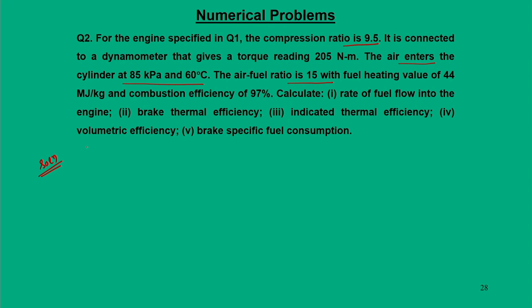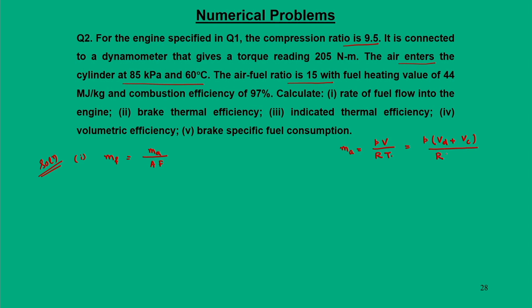The first term that we are going to calculate is the rate of fuel flow. To do that, let us see the air fuel ratio, which is defined by m dot F equal to m dot A divided by the air fuel ratio. Now, here we do not know m dot A. To calculate m dot A, we recall the ideal gas equation, that is P V by R T, where V is the displacement volume plus the clearance volume, that is the total volume.